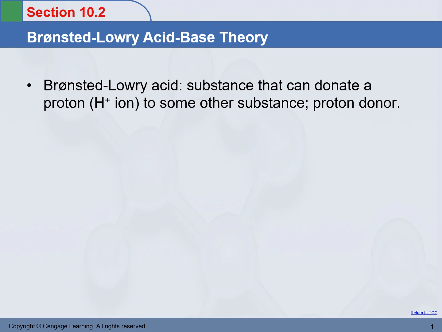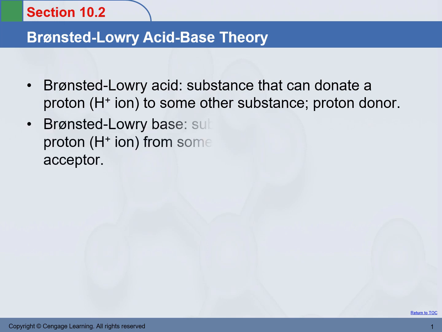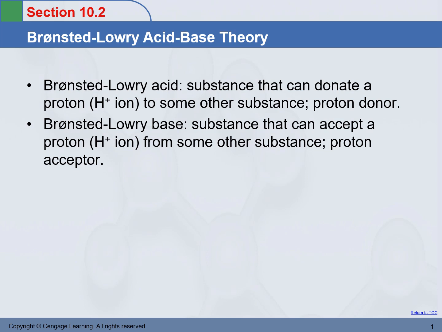All the Brønsted-Lowry acids are proton donors. The base in Brønsted-Lowry theory is defined as a substance that can accept a proton from other substance. They are proton acceptors. Well, let's look at an example.